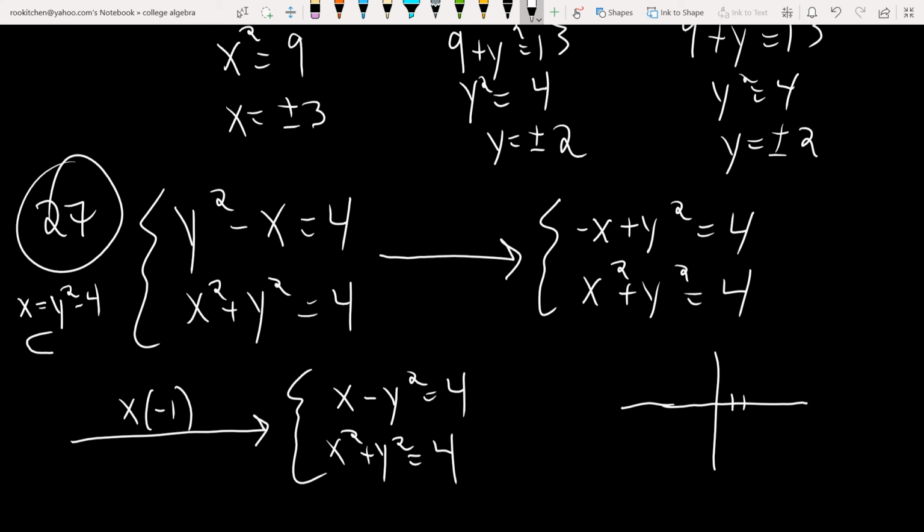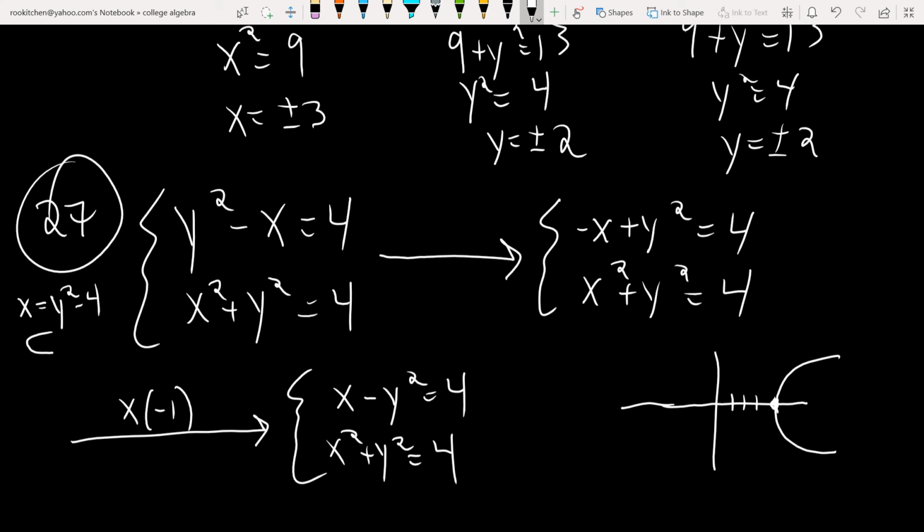So 1, 2, 3, 4, I believe, and it looks like this, and then you have a circle. There's no way I have it right then. Maybe it's pointing in the other direction.